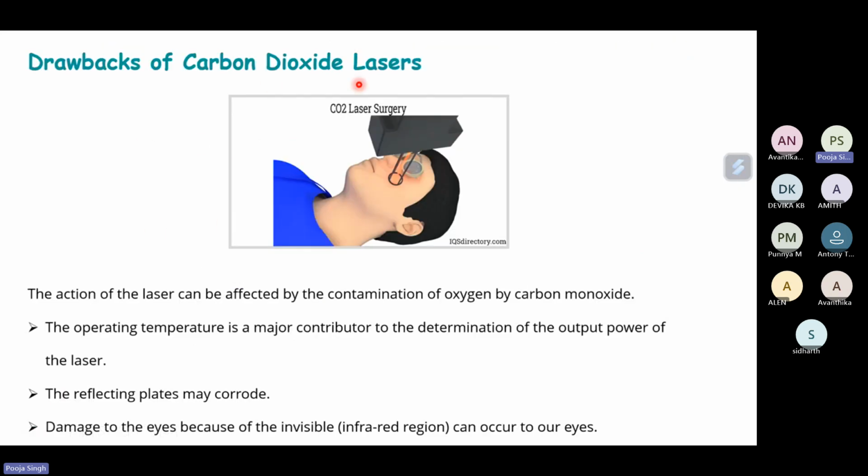What are the drawbacks of this CO2 laser? The action of the laser can be affected by contamination of oxygen or by carbon monoxide, and the reflecting plate may corrode. These can also damage your eye if you are not using your laser properly.